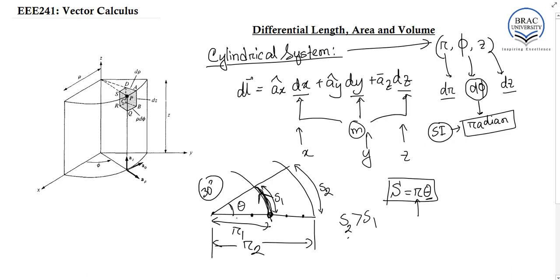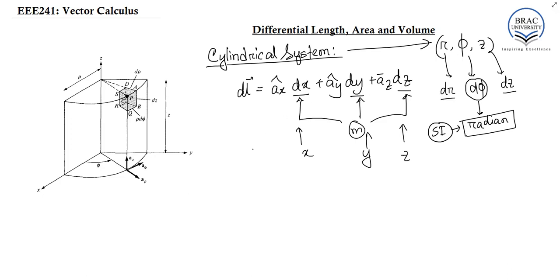Depending on where he starts his journey from, the arc length or the distance he will be traversing will be different, even though in each case he is traversing this exact same angle. The arc length will be different. So this is something that we will have to take into consideration.